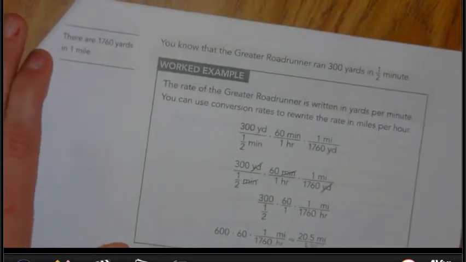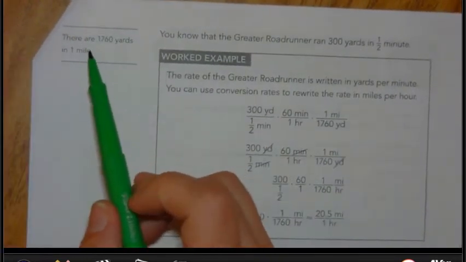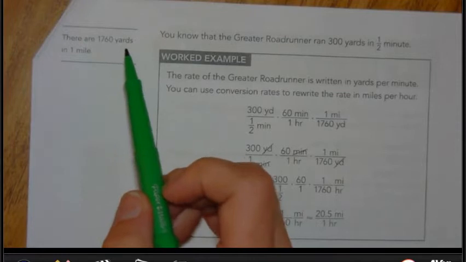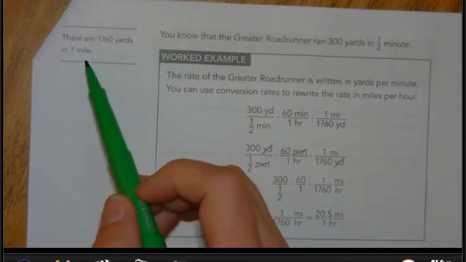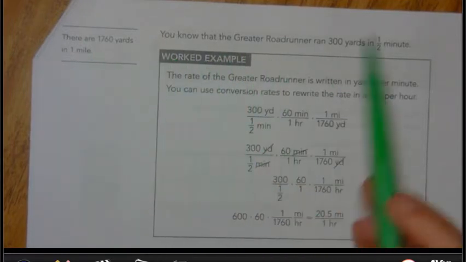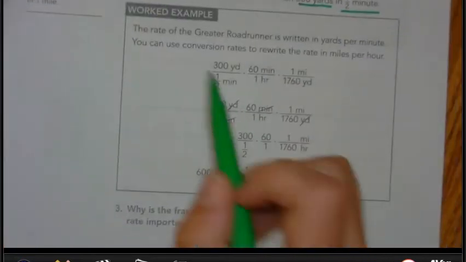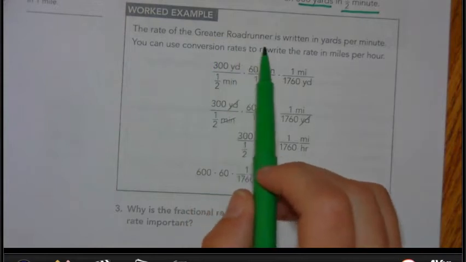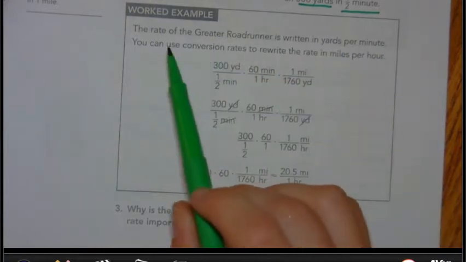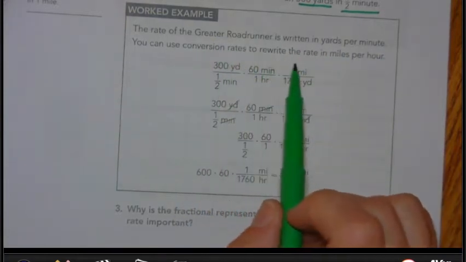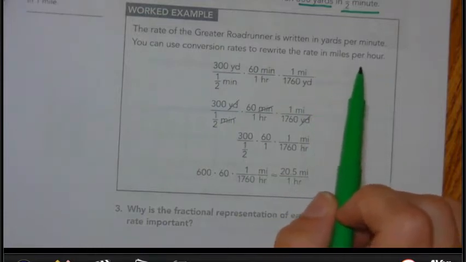Okay. So it also gives us a nice little conversion here. There are 1,760 yards in 1 mile. Okay, so you know the great road runner ran 300 yards in 1 minute. All right, so the rate of the great road runner is written in yards per minute. You can use conversion rates to rewrite the rate in miles per hour.